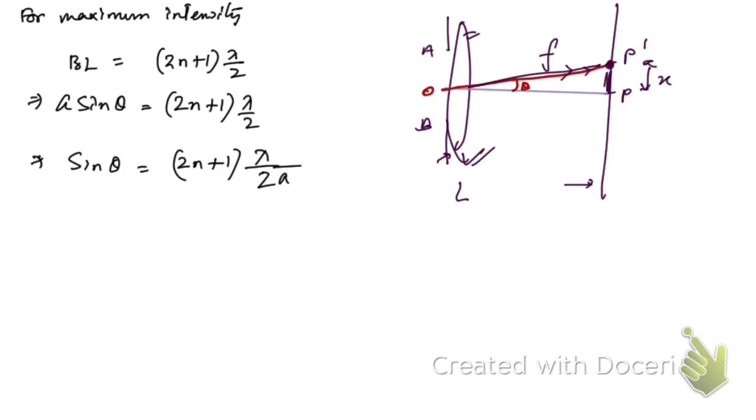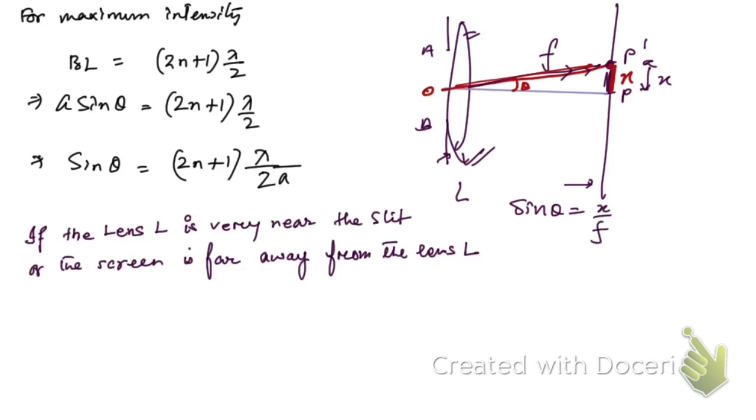So here you can see this is the perpendicular, which is x, this is the hypotenuse, and for this condition sine theta is equal to x by f. So if the lens L is very close to the slit, or the screen is far away from the lens, not slit, sorry, lens, in that case we can write that sine theta is equal to x by f.